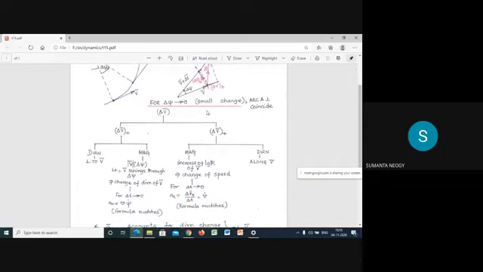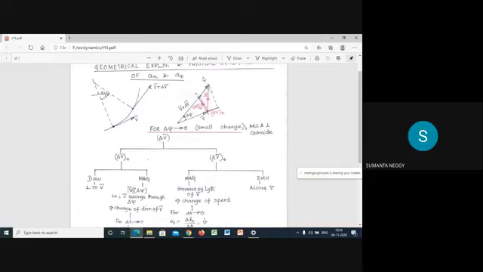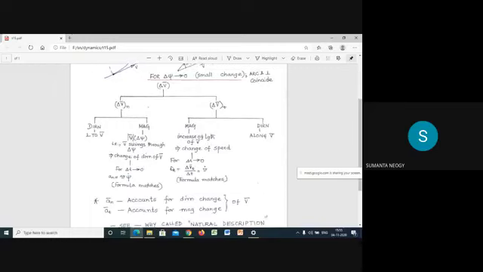And when we go to delta t tending to 0, these two are almost in the same direction, and therefore the tangential component of velocity change reflects the change in magnitude of velocity, and therefore it is a measure of the rate of change of magnitude.